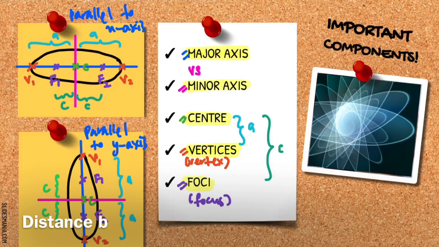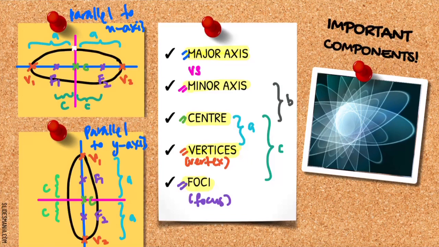The last distance I want you to see is the distance between your center and the minor axis. Between the center and the end of the minor axis, we call the distance B. Let us refer here. The distance between your center and the end of your minor axis, this will be your B. You can see another one: your center and the end of the minor axis, that is your B. Let us see another ellipse here.